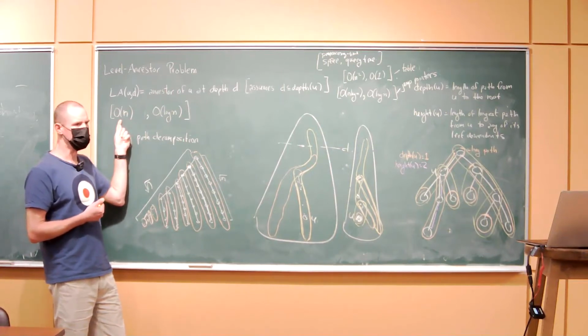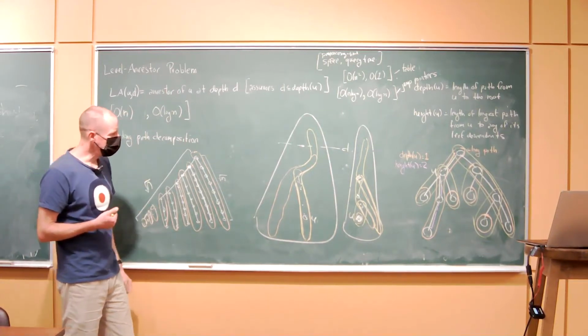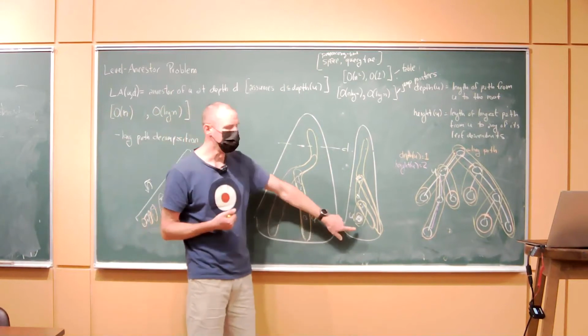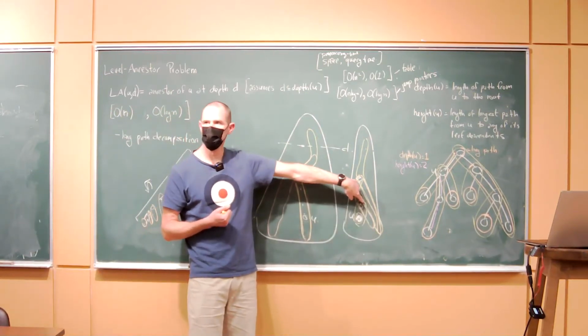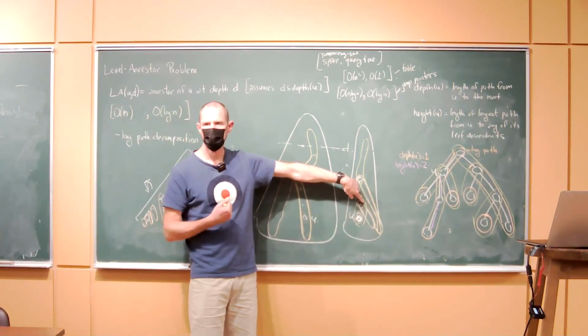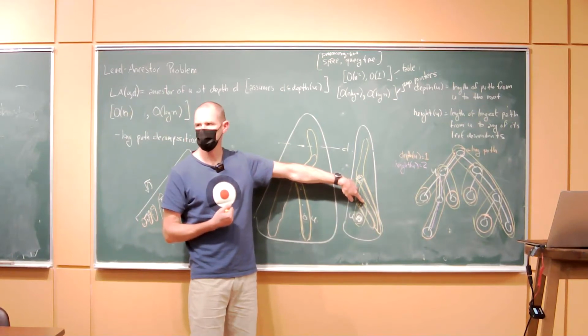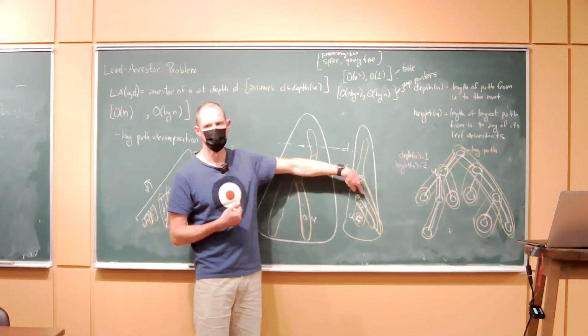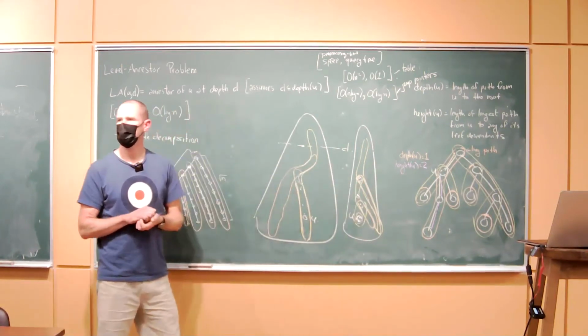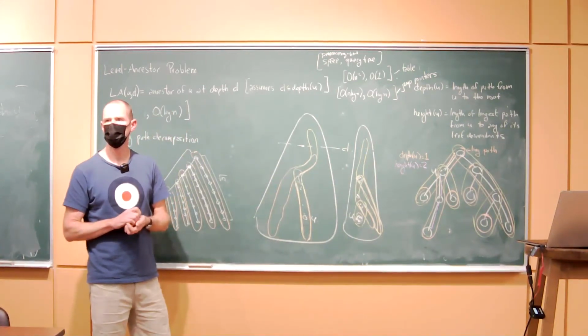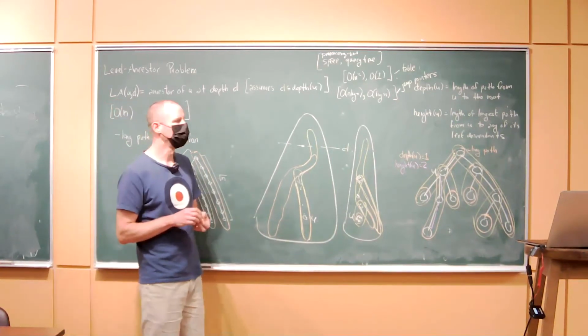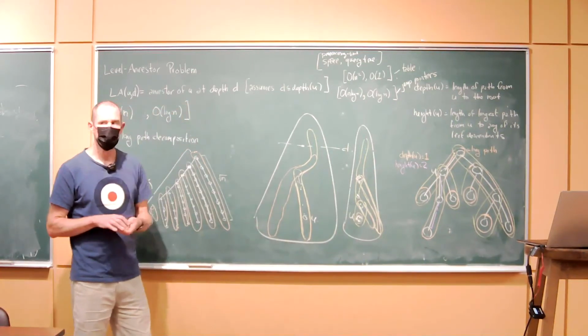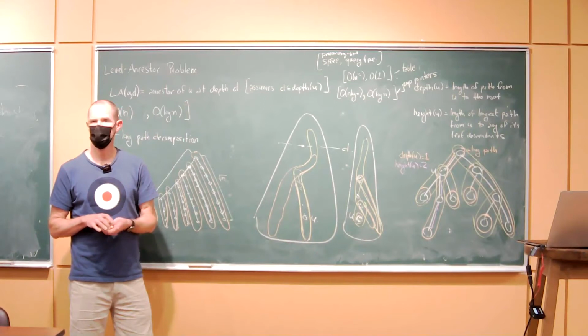So the size stays O of n. But the difference now is when you walk to the top of a ladder, you get to a node whose height is at least twice as much as the node you started at. Okay? Is that clear? Yeah.